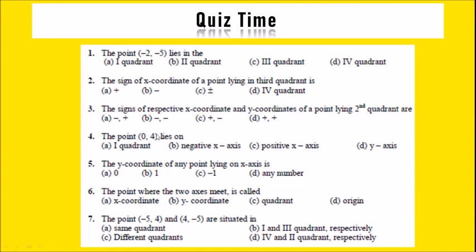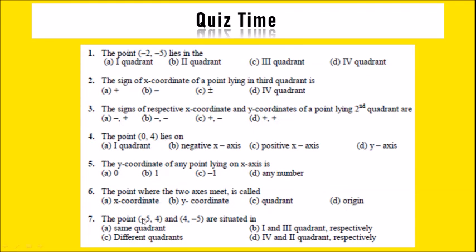The point 0 comma 4 lies on y-axis. The y coordinate of any point lying on x-axis will always be equal to 0. The point where the two axes meet is called the origin.